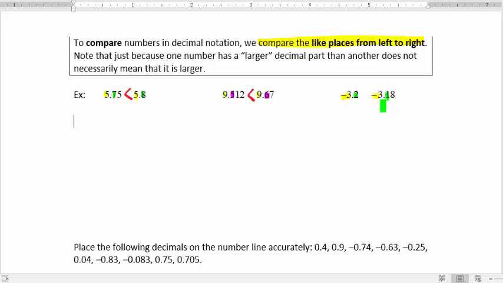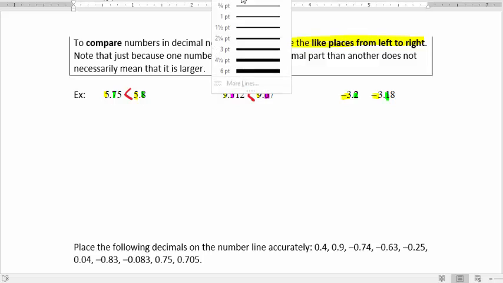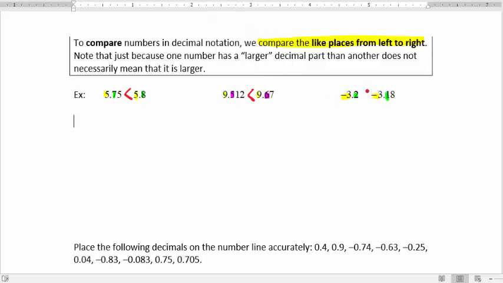So this negative 3.18 is greater, which means that negative 3.2 is less than negative 3.18, because this is less negative, so it's greater.